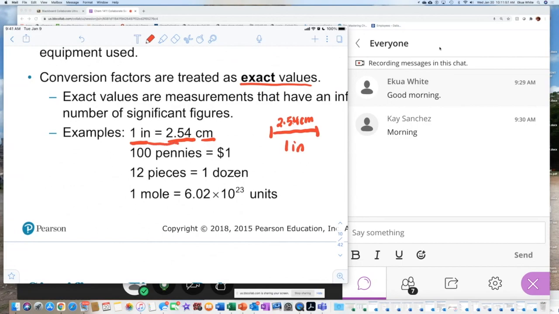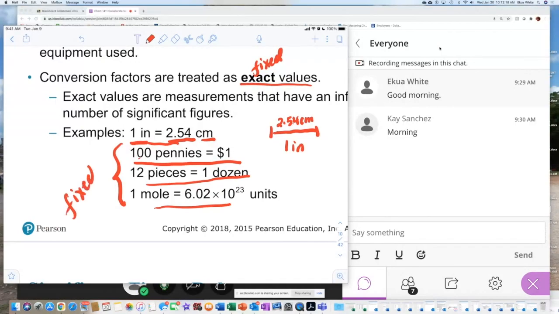Exact means fixed, doesn't change. This relationship here, regardless of the day of the year or the time, 100 pennies will always make $1. So all of these are exact or fixed relationships. Because they're fixed and they never change, they're called exact values.